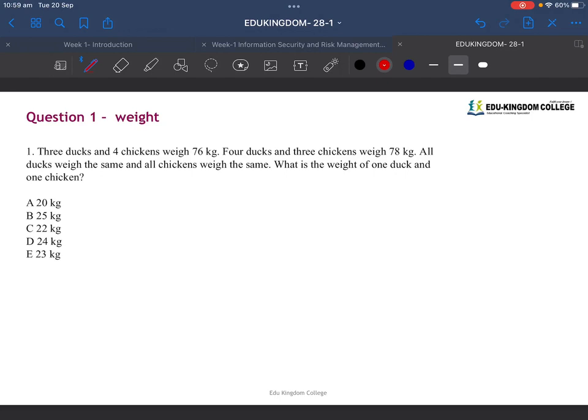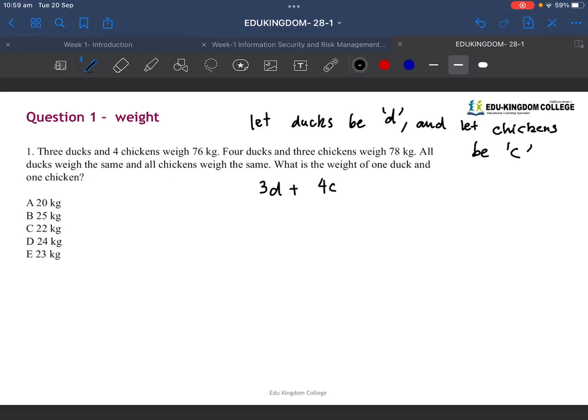Okay, to solve this question, go off with what we know. So I'm gonna let ducks be denoted by D and let chicken be denoted by C. Okay, so if 3 ducks plus 4 chickens in the first line, guys, weigh 76 kilograms, and 4 ducks plus 3 chickens, or 3C, is 78 kilograms, right?